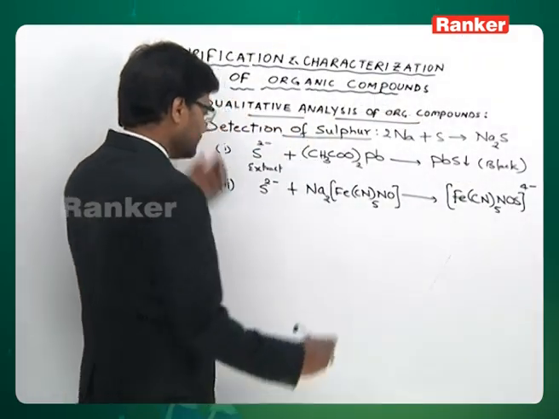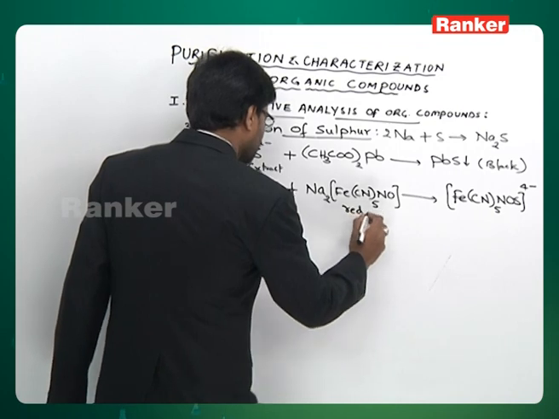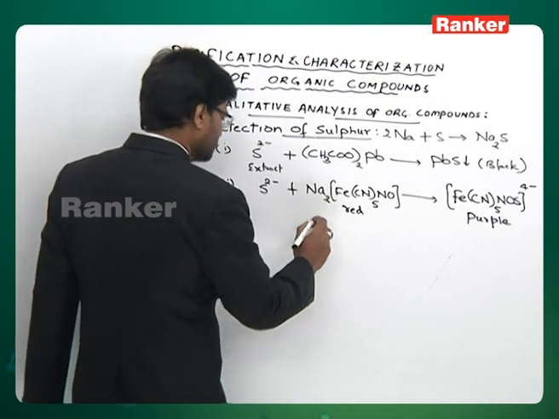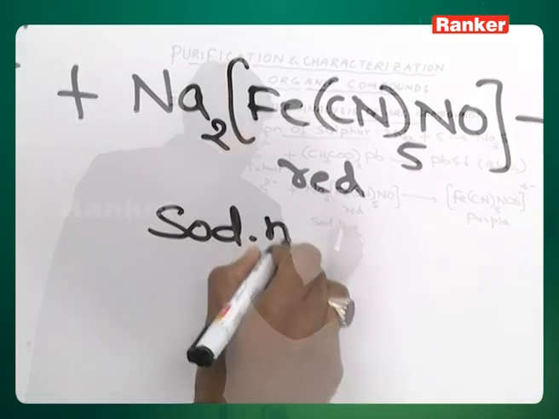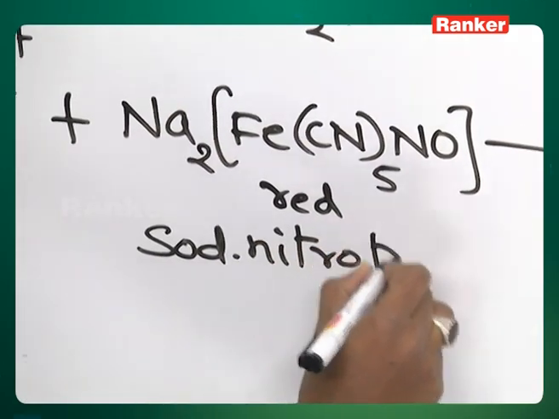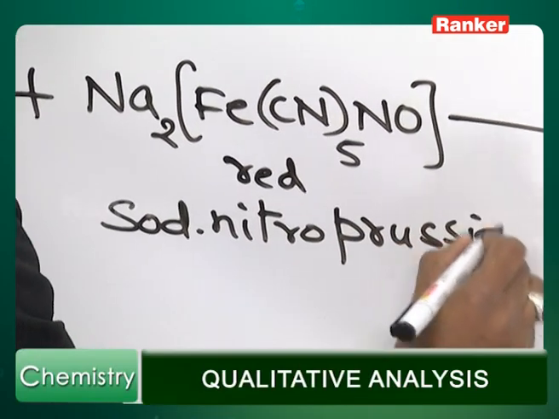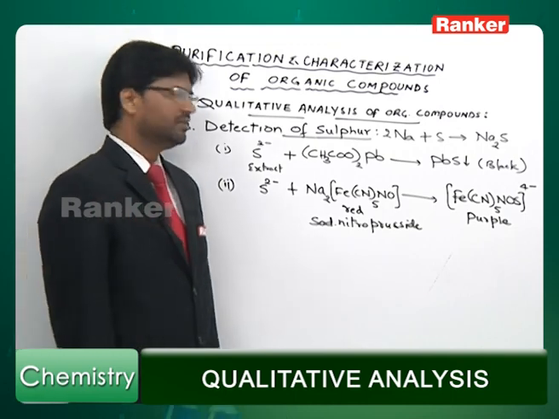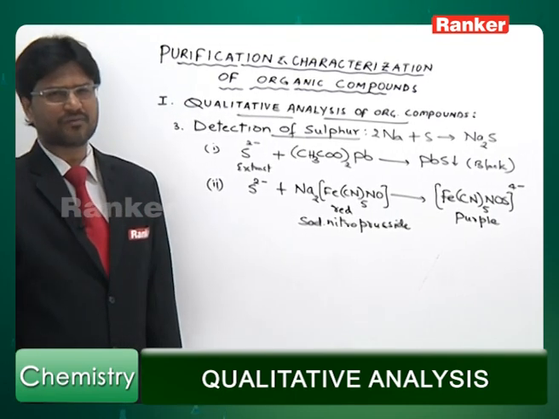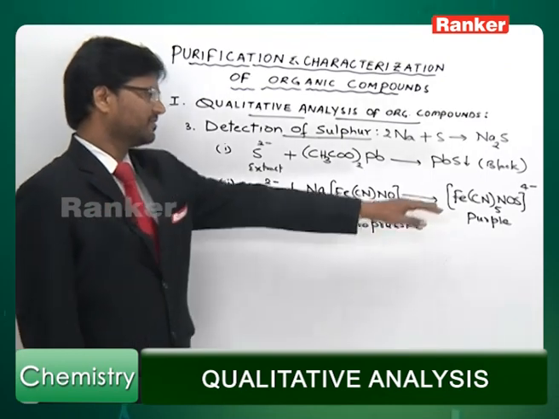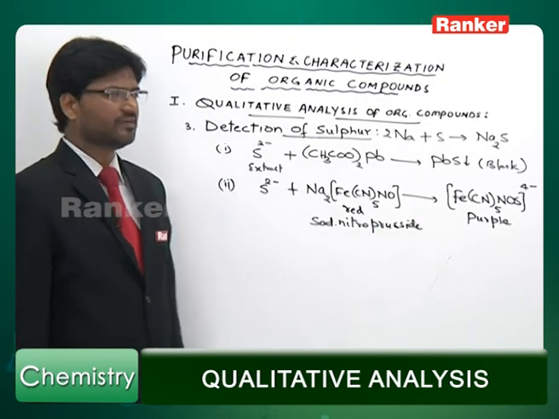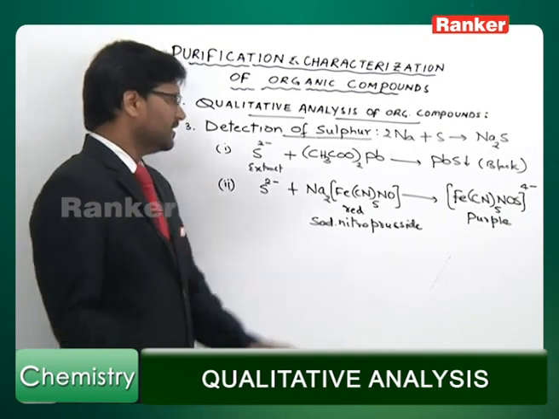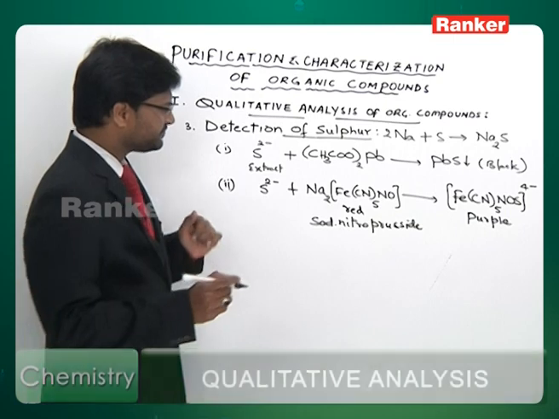This is a red colored substance, whereas this is a purple colored complex. This substance is called sodium nitroprusside. So, if sodium nitroprusside is added to sodium extract, then you get a purple colored complex. So, formation of purple colored complex is an indication for the presence of sulfide in the extract or sulfur in the organic compound. Here I would like to add a few things.